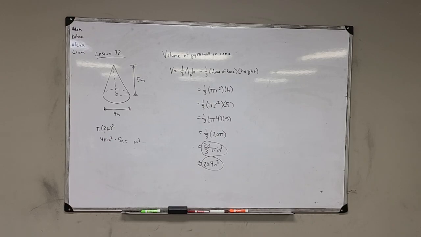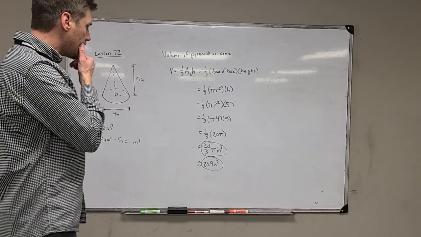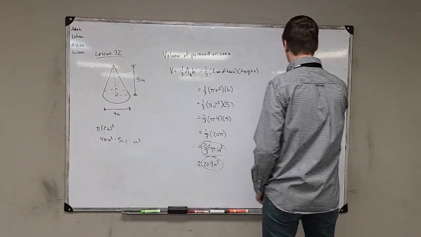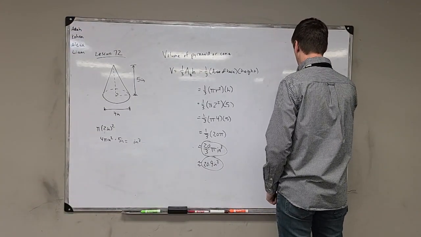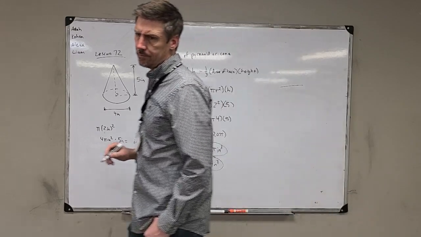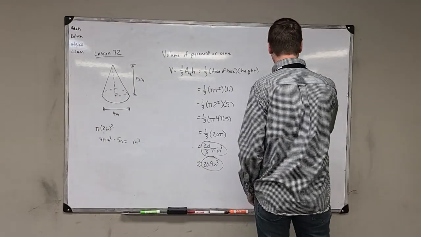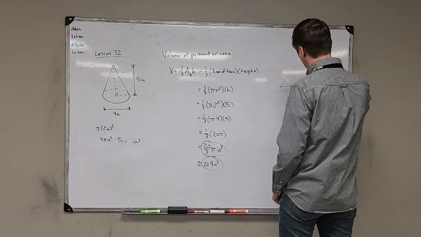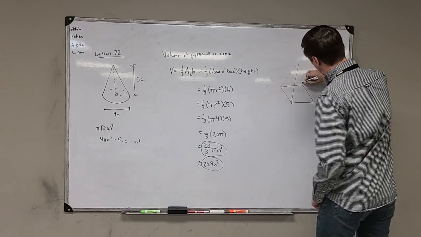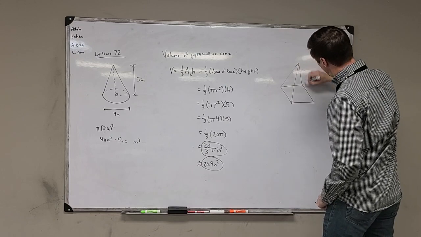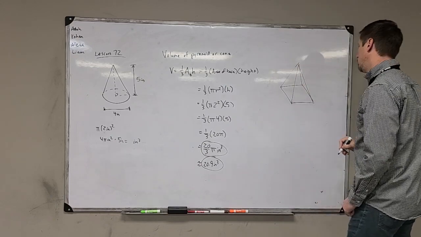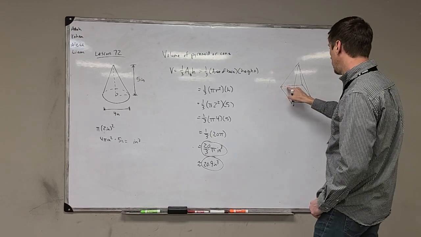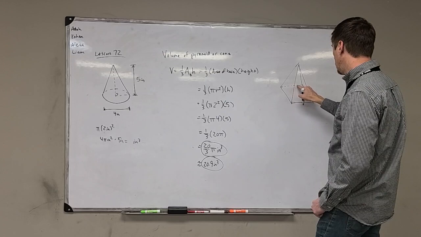Now, what if we're asked for the volume, but this time we're asked for the volume of a pyramid, and we're told that this pyramid looks like this, then we got sides that are coming up here to this point. And I probably should have drawn dotted lines here. This is behind the pyramid.